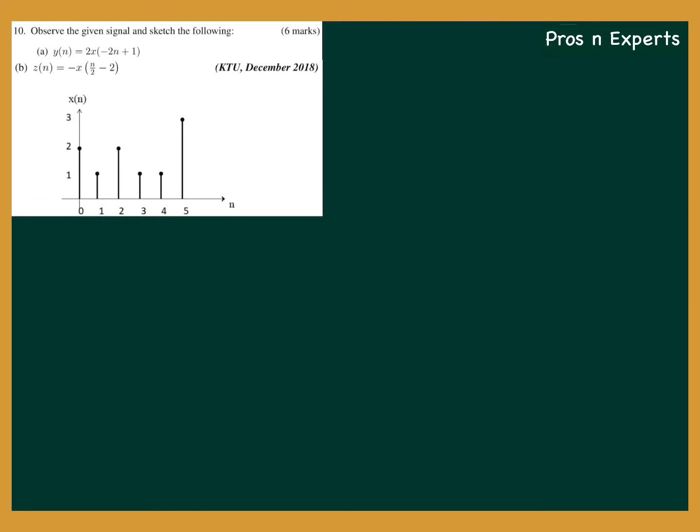Before proceeding to the solution, let me remind you that whenever a non-integer value comes for n in a discrete time signal, you just neglect that sample. In a discrete time signal, only integer values come as n values.